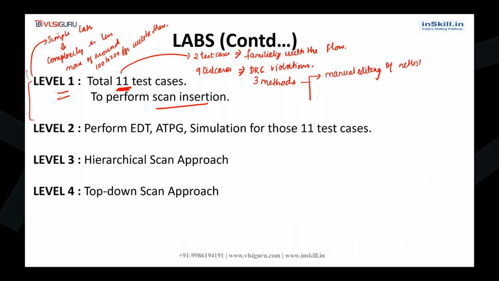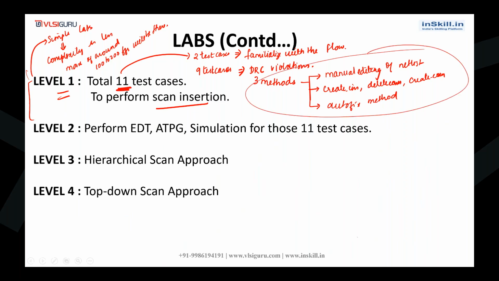The other method is to use Tessent tool commands like create instance, delete connection, create connection, with which you can fix the DRC, or else you can go for the auto fix method. We will cover all these methods of fixing the DRC violation, compare all 3 methods, and tell you which method is more preferred and why.